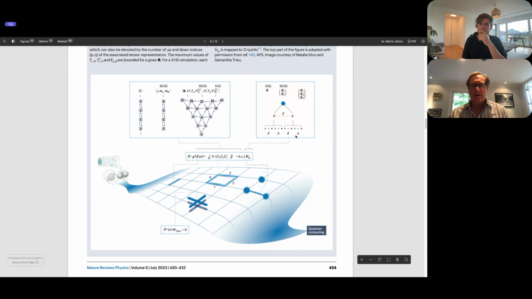So if one wants to perform simulations, even classically, of quantum field theories, then what one is trying to do is to take an infinite volume space-time continuum of fields, right? So our fields are defined in infinite volume and in the continuum, and perform simulations of that on a finite computational device.